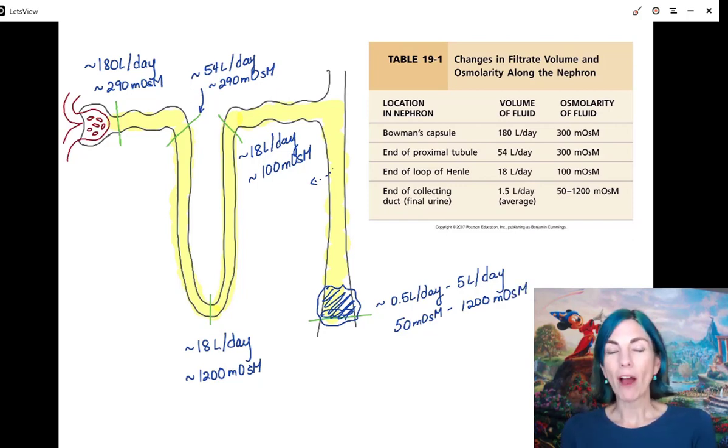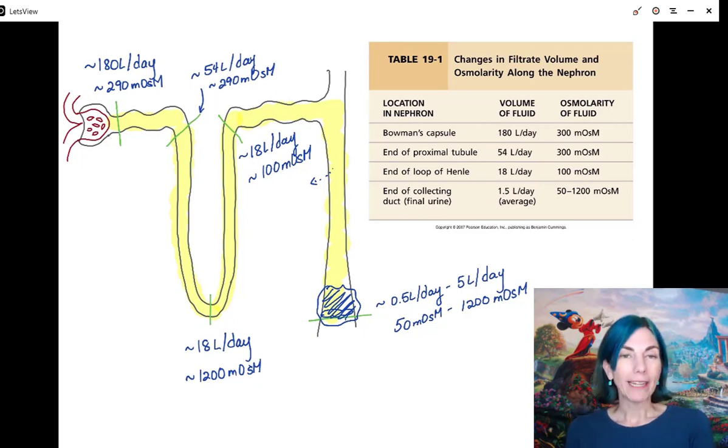So think about scenarios where you produce a lot of urine that is also very dilute. Right, drinking a lot of water. If you drink a lot of water, then don't you urinate a lot and it tends to be pretty clear? Now think about when you're really dehydrated. When you're really dehydrated, are you urinating a lot? No. You're producing less urine and it tends to be more concentrated or a higher osmolarity.